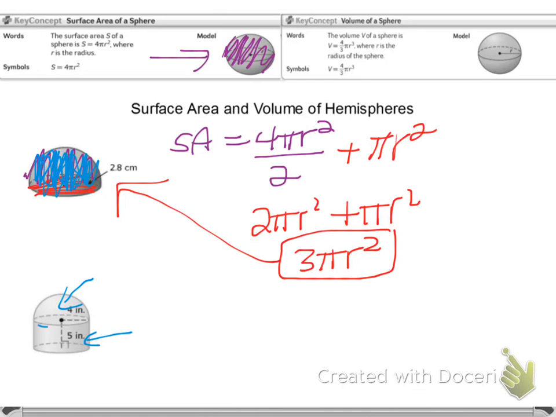But the circle is not showing here. The circle is on top of that cylinder, and so we don't need to add that in. So down here, whenever we would get the cylinder with the hemisphere at the top, that would just be 4 pi r squared over 2, and nothing tricky about that.